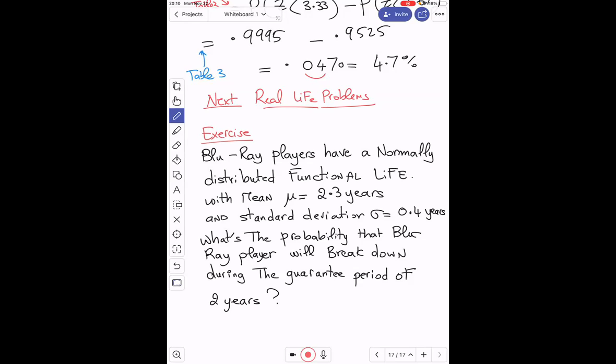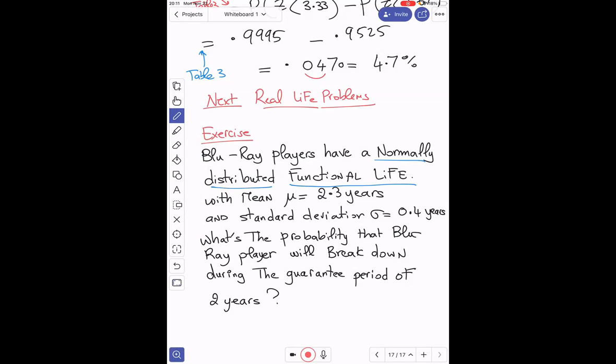Okay, so how much time is left? 5 minutes. All right. I don't know if I'm going to solve this exercise completely today, but let's try to understand the exercise first. The functional life of the Blu-ray players follows a normal distribution, right?